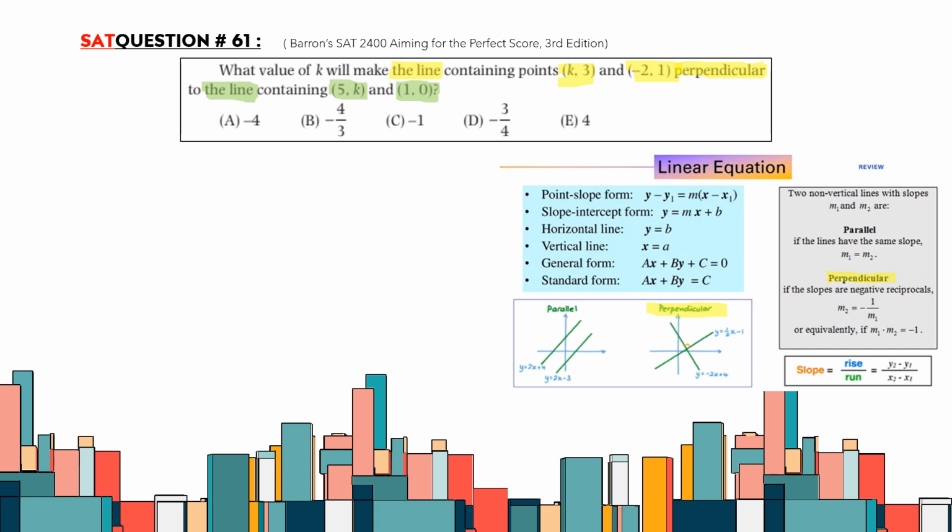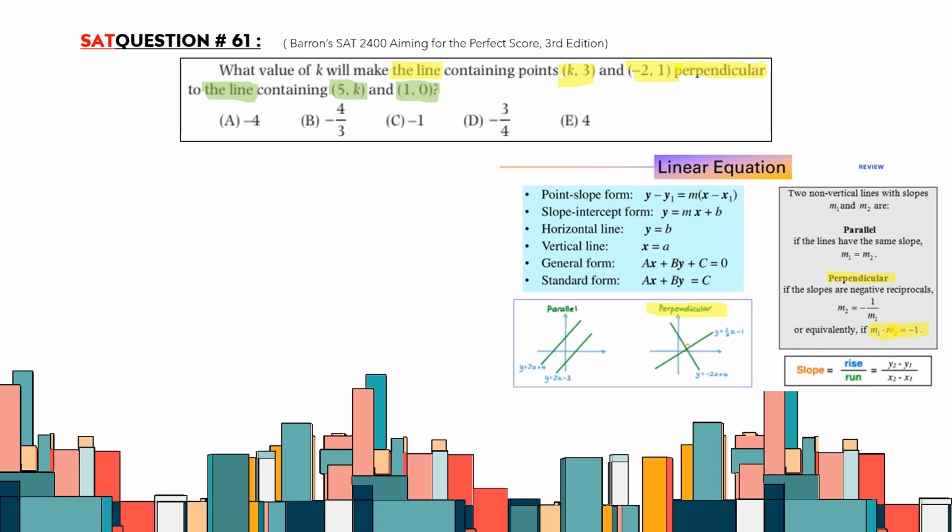So perpendicular lines have the characteristic that the product of the slopes of those two lines will be equal to -1.